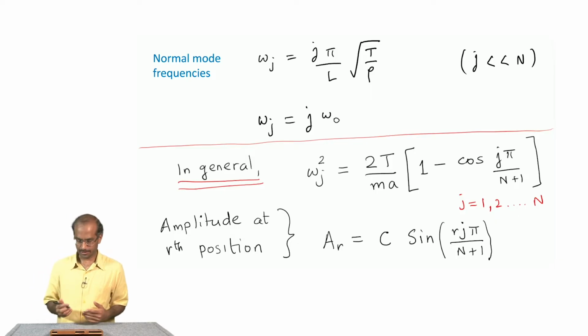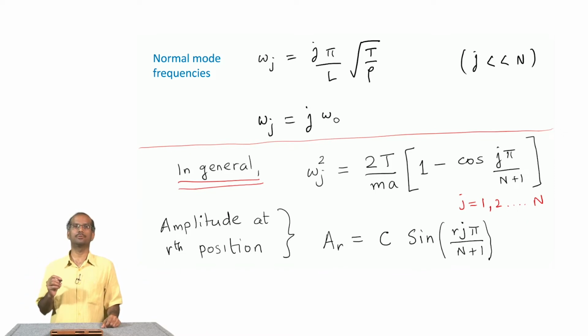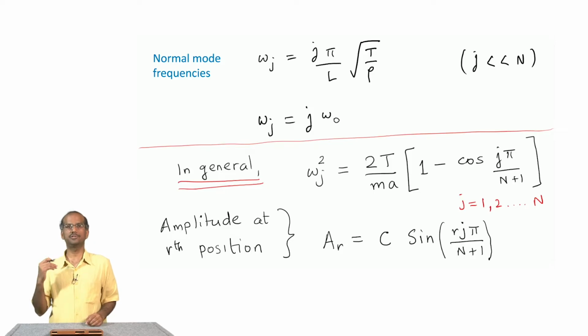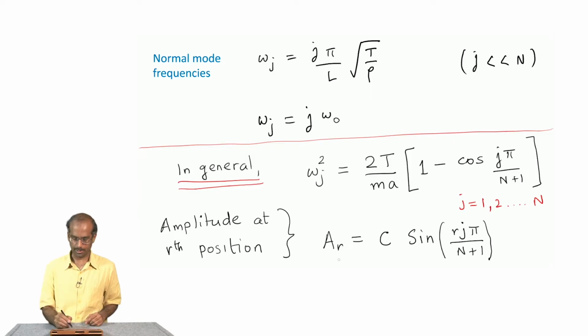And r, as I said, is the index for the position of the particle along your string. So, A r would tell me what is the amplitude of the rth particle, and again the amplitude of the rth particle depends on which normal mode you are looking at. So, the amplitude A r depends on both the indices r and j, as you can see here.